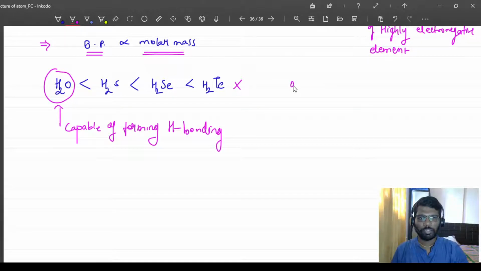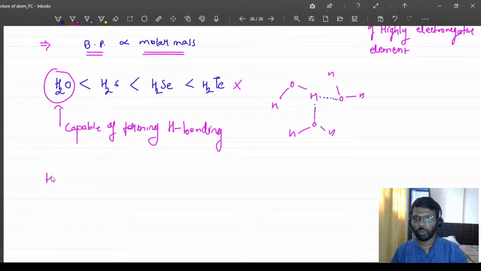If these are the water molecules randomly present in the liquid, how are they held together? By a force of attraction between the oxygen and the hydrogen. It will be held together in this manner, and this force is very high compared to the Van der Waals force. That's why H2O will have the higher boiling point.